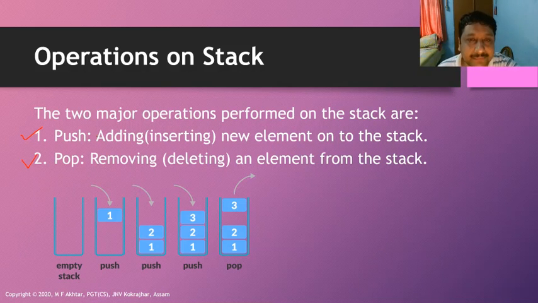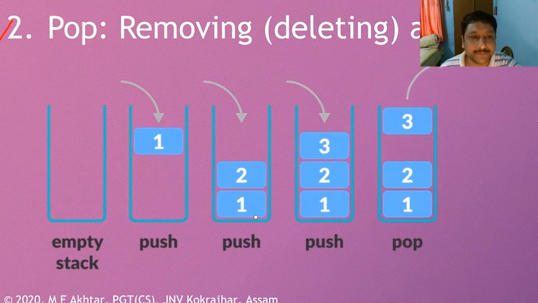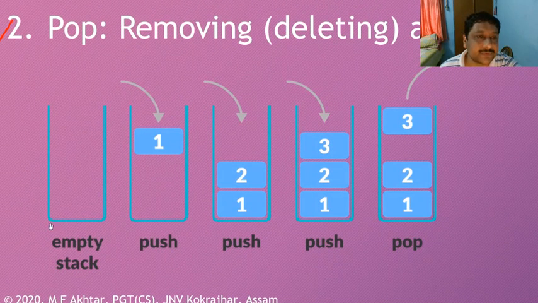If we implement this stack, see here the example. Suppose this is the empty stack. If we want to add one element in the stack, then this operation is known as push.